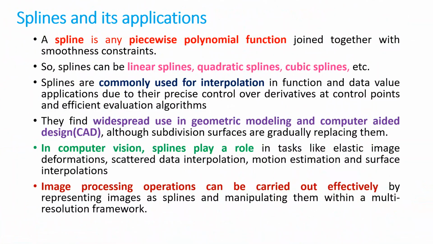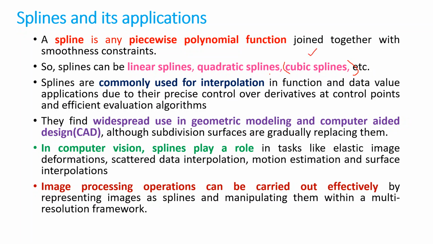So it is just an introduction about the cubic spline. Spline is nothing but cubic B spline, right? The spline is nothing but any piecewise polynomial function. The splines can be linear spline, quadratic spline, and cubic spline. So in the previous example, we are focusing on cubic spline only, and it is commonly used for interpolation.